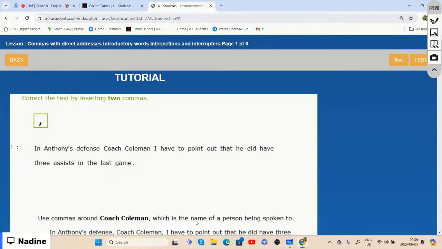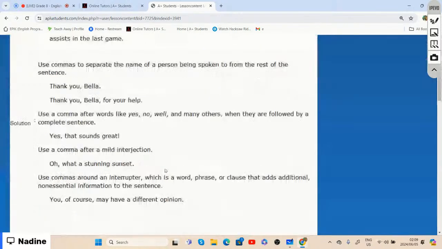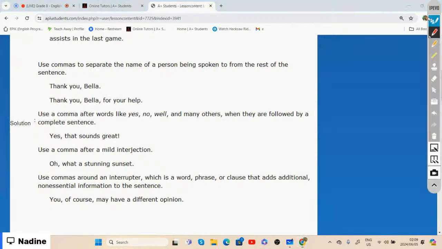All right. So when it comes to using commas, we use commas to separate the name of a person being spoken to from the rest of the sentence. For example, we say, "Thank you, Bella."